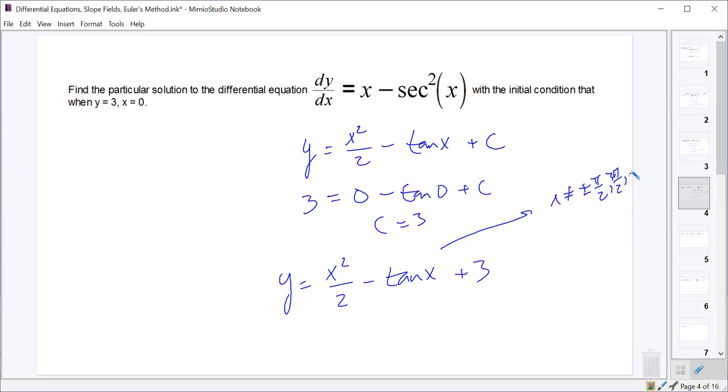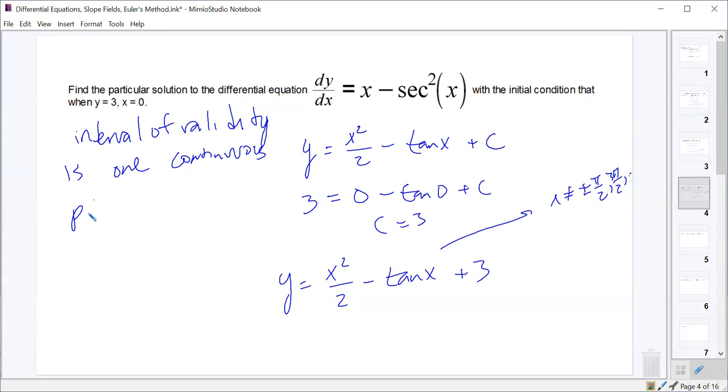And we then look for our interval of validity by finding the one continuous part of our function that includes the initial condition.